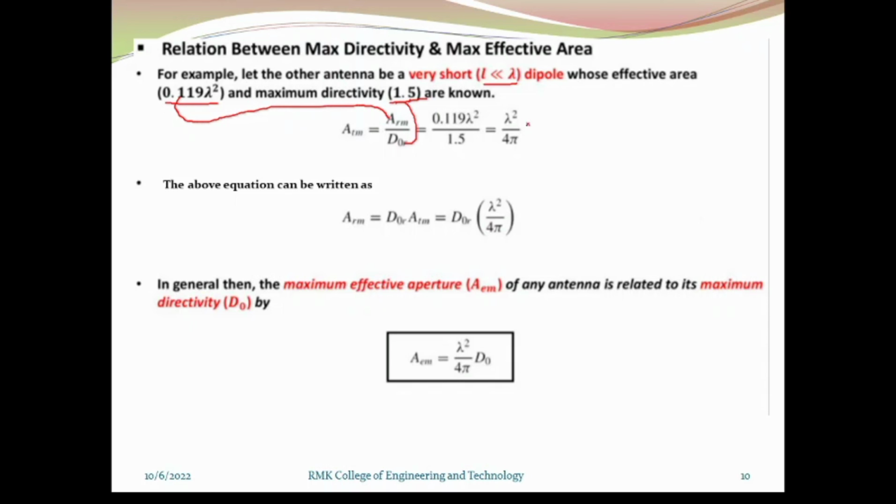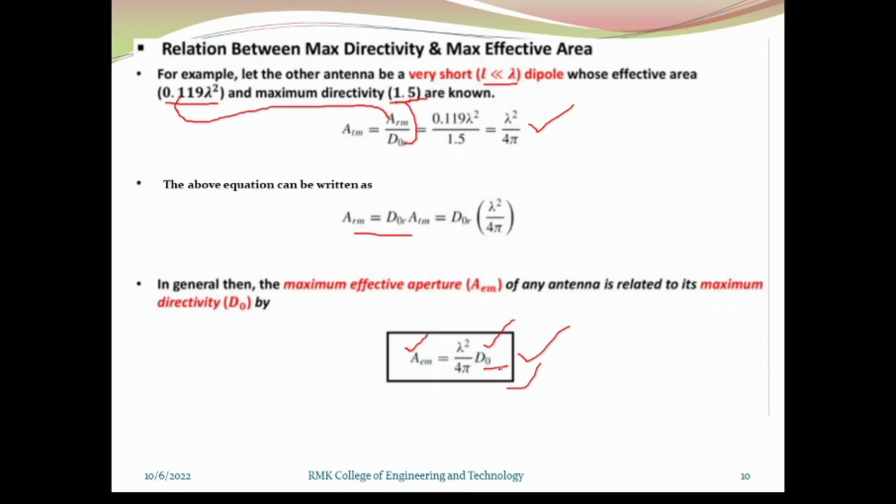Then the maximum aperture of the transmitter is lambda squared by 4 pi, and the above equation can be written with these terms. So D0R of lambda squared by 4 pi, and now this is the maximum effective aperture equation. The maximum effective aperture is equal to lambda squared by 4 pi into D naught.